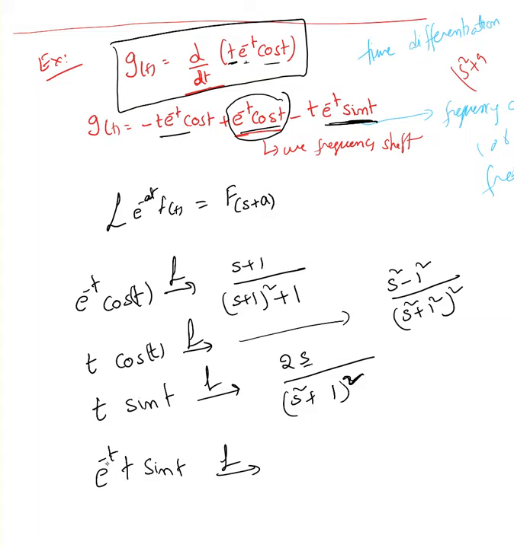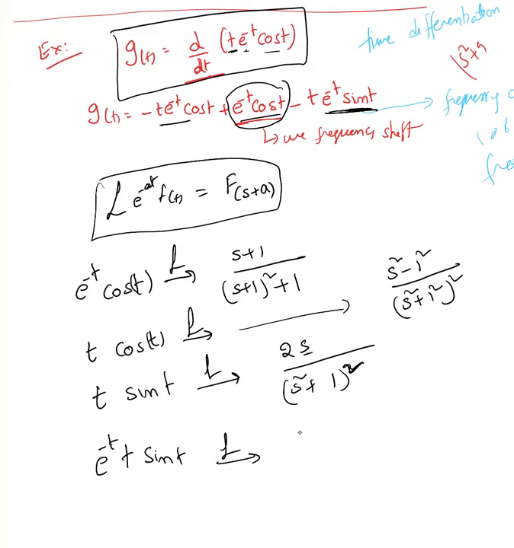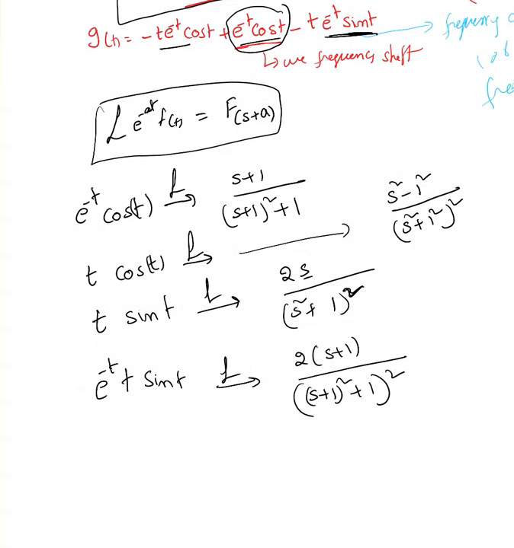Here a is 1. So this is the frequency shift property. Based on this property, it must be 2 times s plus 1 over s plus 1 whole square plus 1 whole square. This is e to the power of minus t times t sine t.